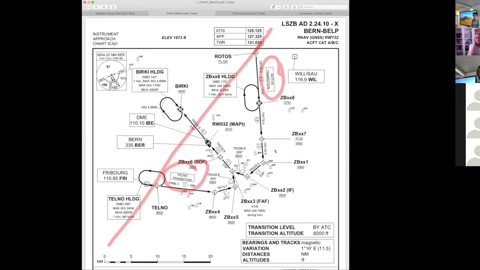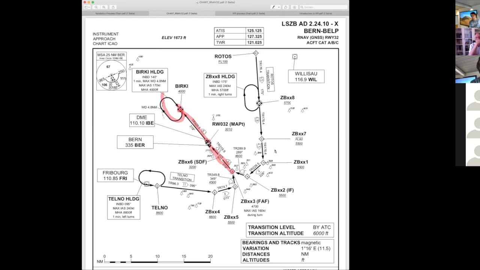So it's an ATM facilitation concept in a way, but also from a procedure design aspect, it means for a transition, you can have any combination of non-common things in the procedure. So what is common between the west transition and the east transition is obviously the final approach here and the missed approach plus the hold. So that's the common part.